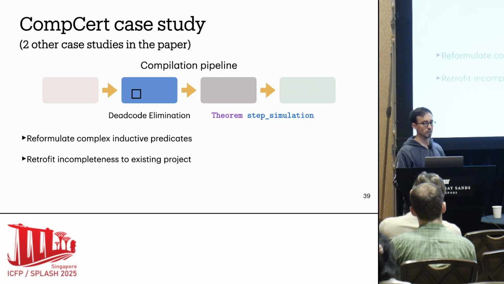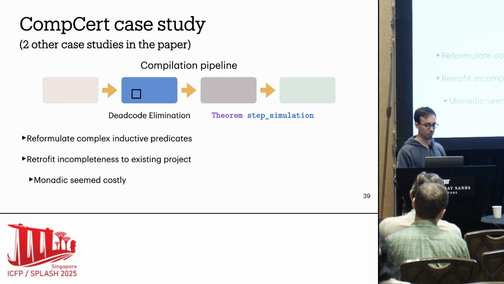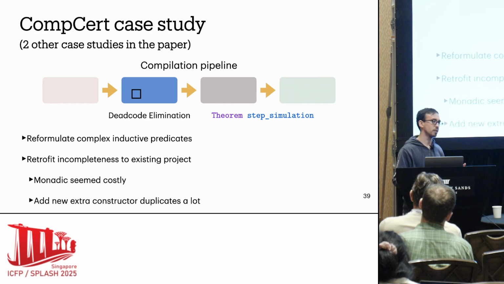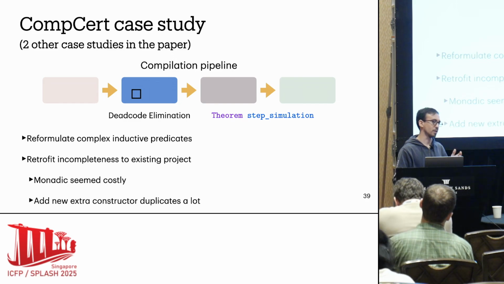We tried, for instance, to follow a monadic approach, but we noticed that it was too costly because we had to change many signatures. Then what we ended up doing was adding an extra constructor, but that also wasn't a good solution because we duplicated a lot of code.